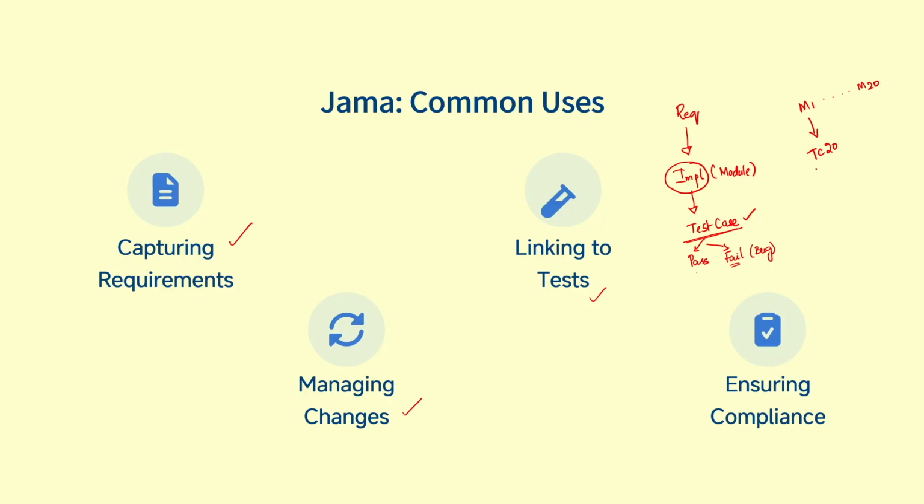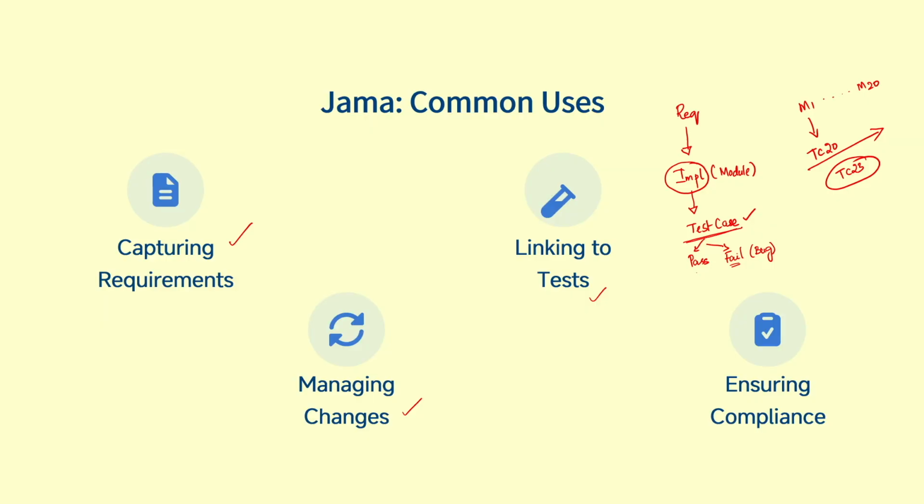We will just be executing the test cases in order. Assume that test case 23 has failed. If test case 23 has failed, we have to understand to which requirement it has been written for.